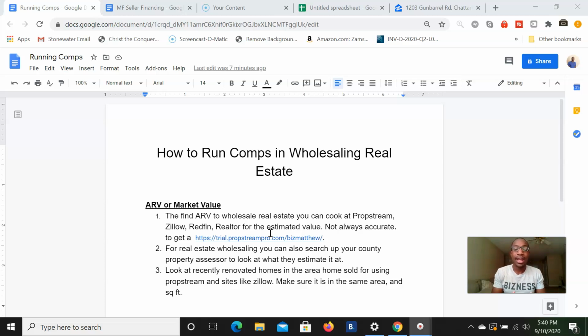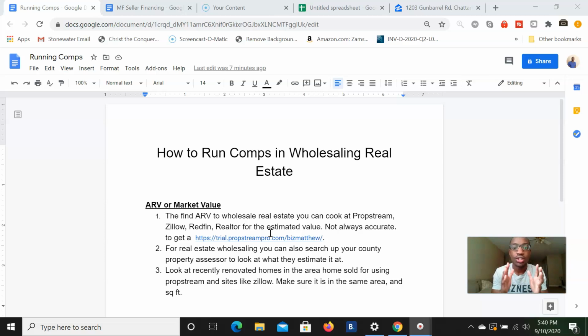After repair value is after you fix all this stuff, you fix the leak in the roof, paint the walls, replace the carpet, how much does that property sell for? It's kind of like market value, on the market to a retail buyer, someone like your mom or dad who uses a bank loan to buy properties. That's very important because that's the number you show your cash buyer, saying if you buy it at this, you can sell it at this number.